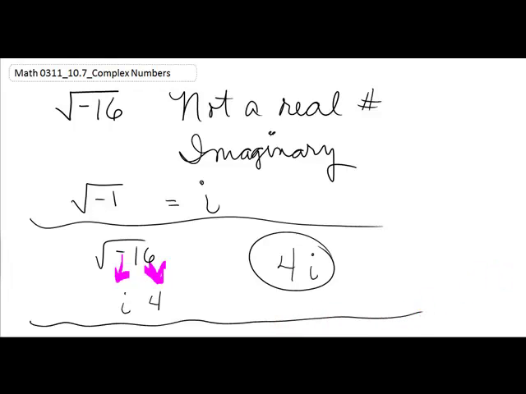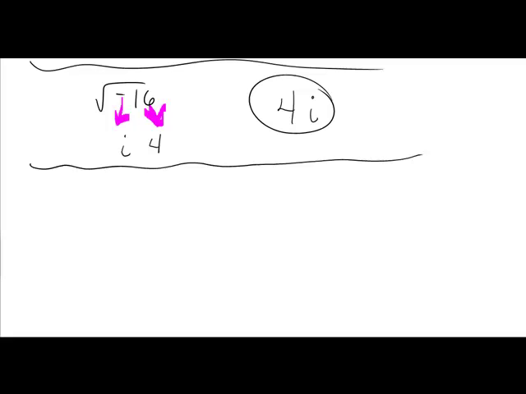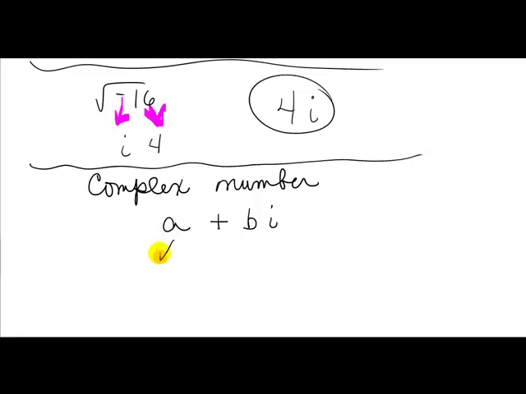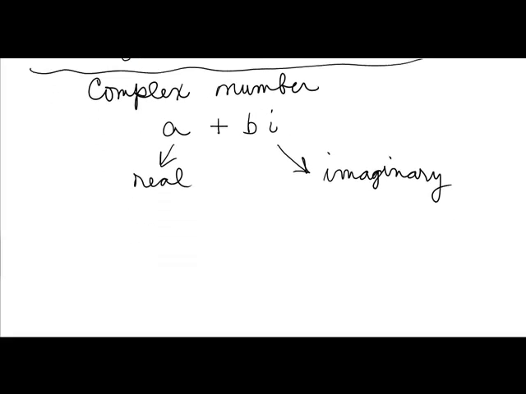We can write all numbers as complex numbers. A complex number is in the form of a plus bi, where the a is the real number and the bi is the imaginary. And all numbers are complex. If you take a number 4, it's a real number.